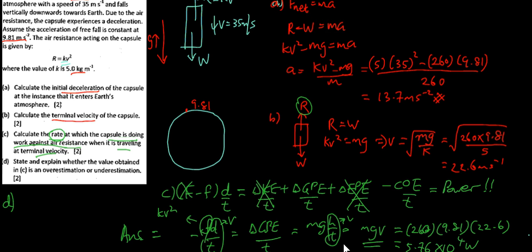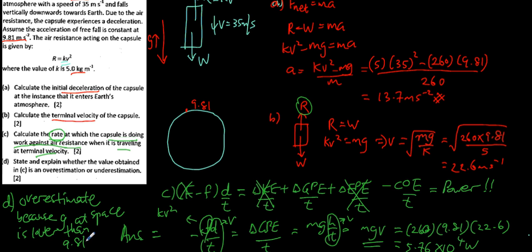So in other words, this value is an overestimate, because g in space is lower than 9.81 meters per second squared. That is the answer.